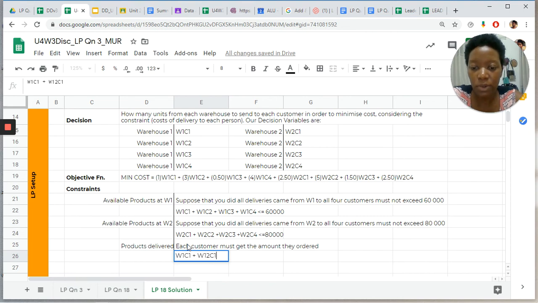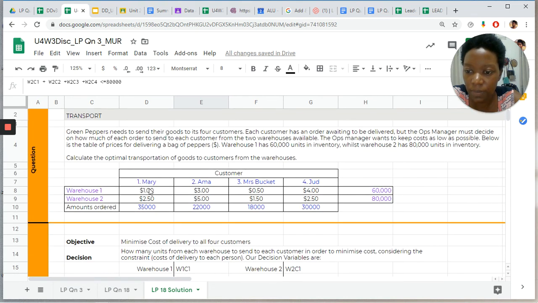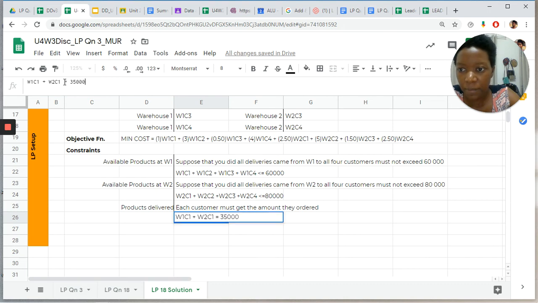So remember, it's possible that I could send to Mary from both warehouses. I could send from warehouse 1 and warehouse 2. And if I do that, I must ensure that I still give her 35,000 units. So that's what I'm trying to stipulate here. If I deliver to customer 1 from both warehouses 1 and 2, I must make sure that that equals 35,000.